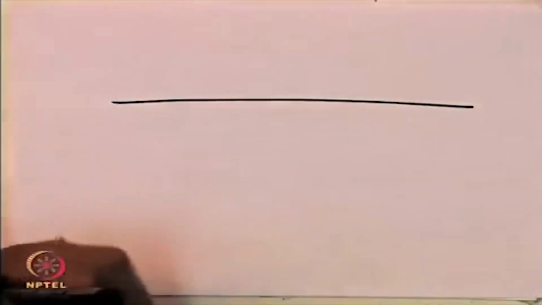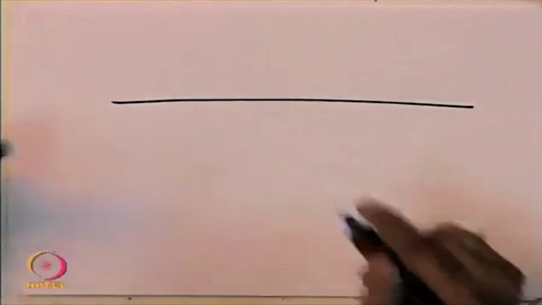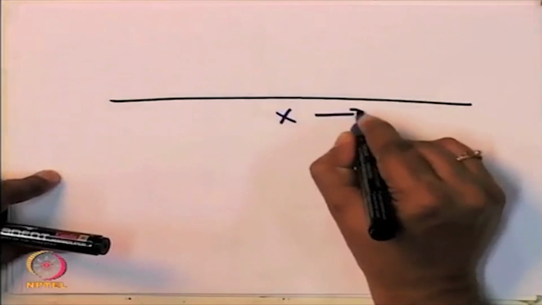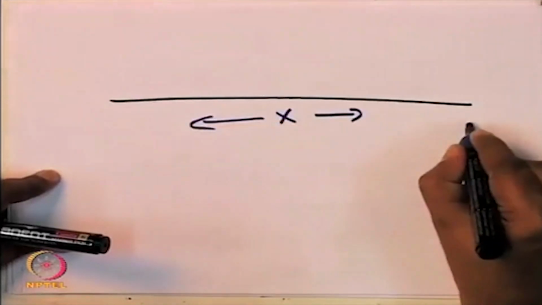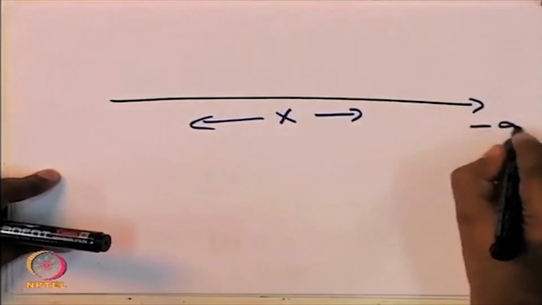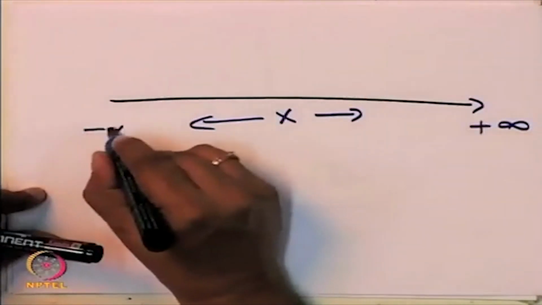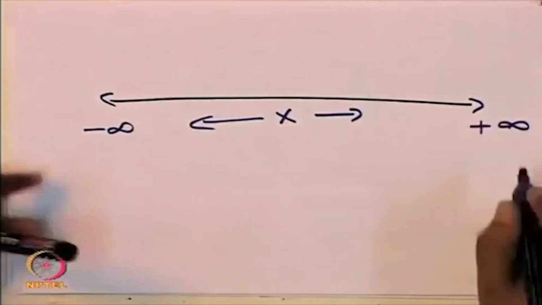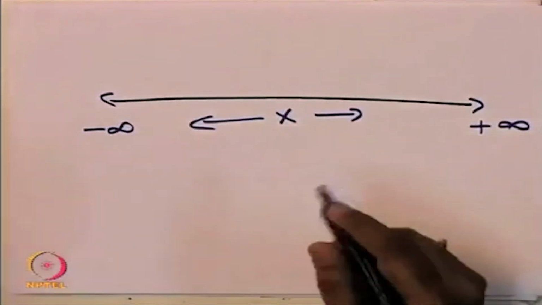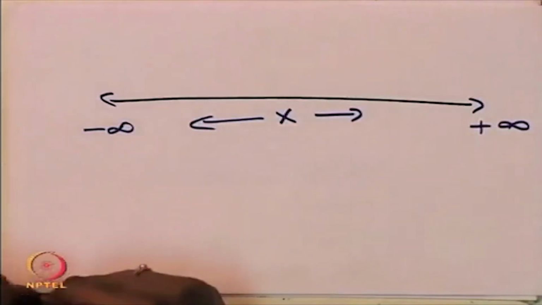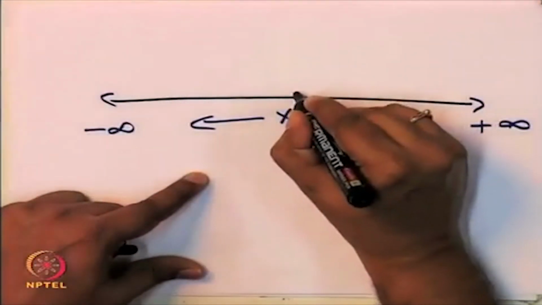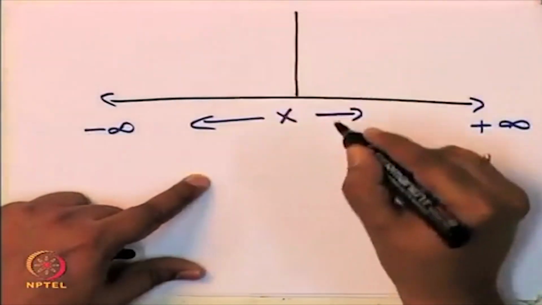To begin with, you had this x axis, going to plus infinity on one side and minus infinity on the other. To begin with, you had just one line as the concentration.